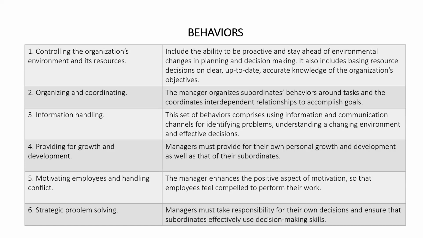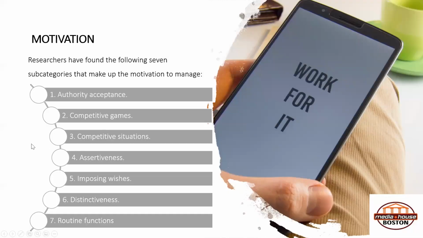So how do we ultimately harness motivation and establish motivation and motivate others and ourselves in the workplace? Researchers have found the following 7 subcategories to be very important for managing motivation. The first thing is we need to accept authority in the workplace. So we need to accept that we all have a manager, and our manager will obviously guide our work.